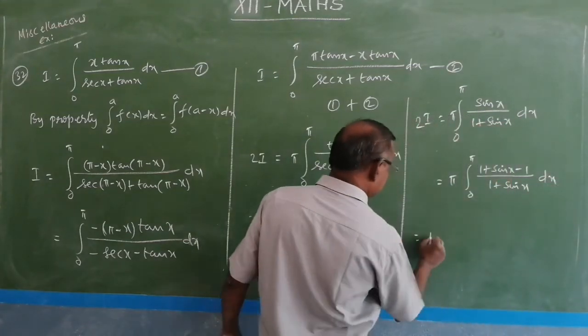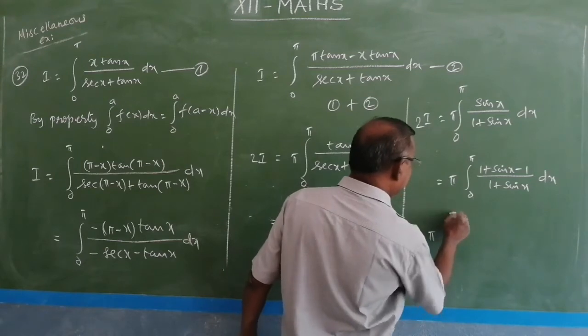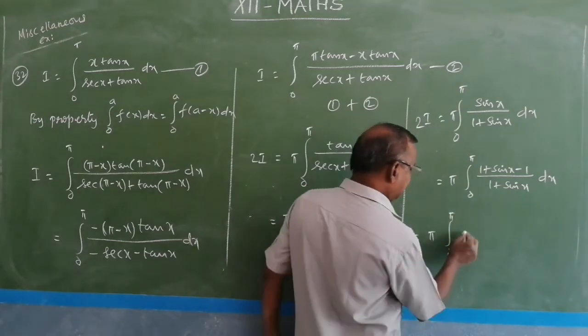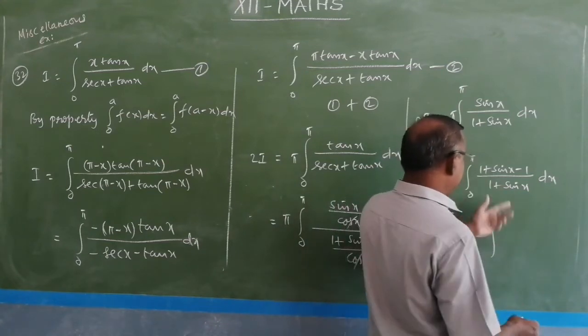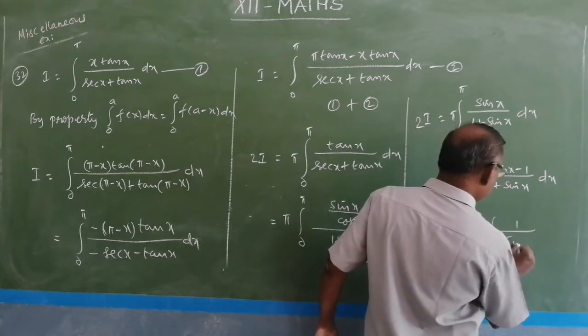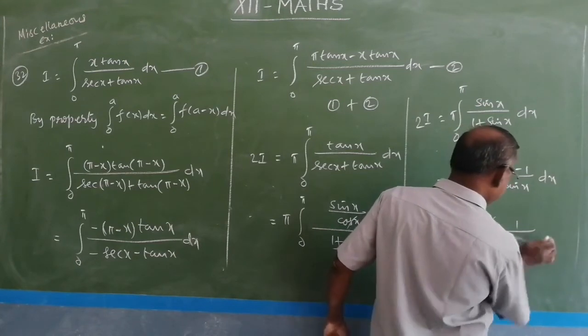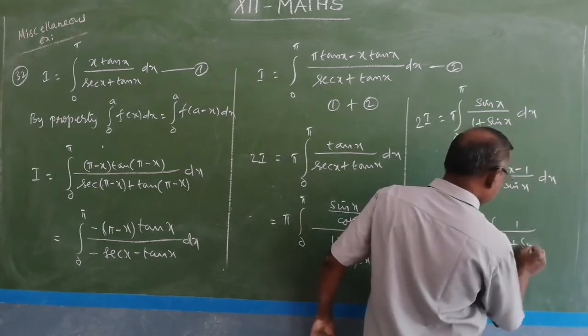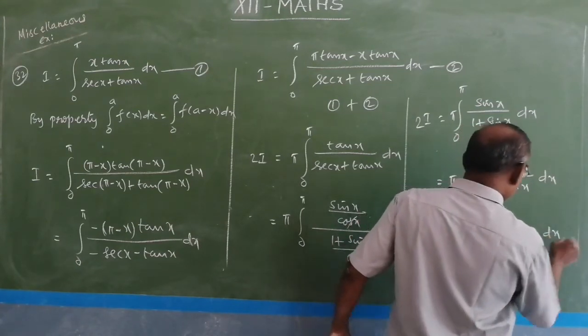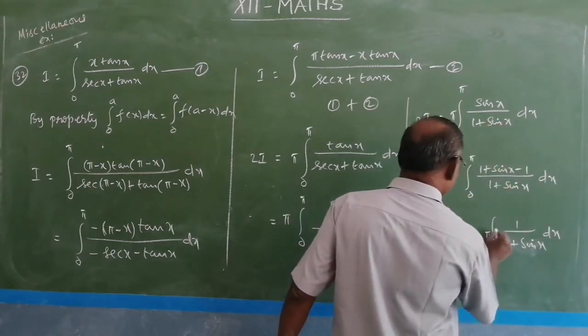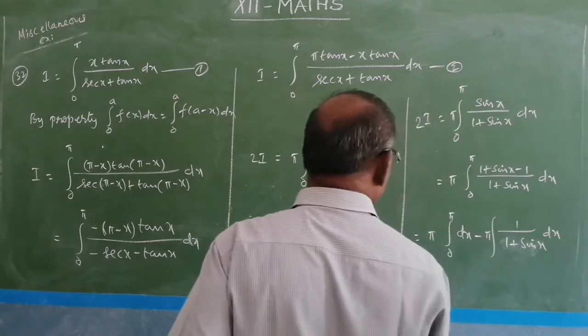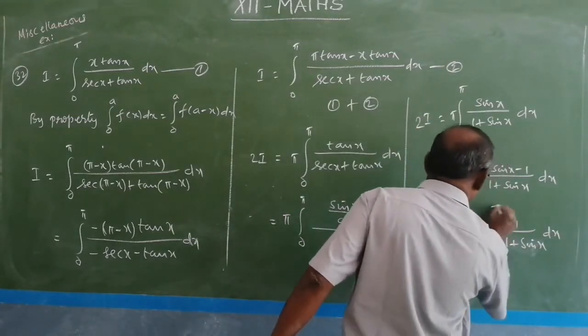This is equal to pi times the integral from 0 to pi, where the first part is the integral of dx and the second part is minus 1 divided by 1 plus sin x dx.